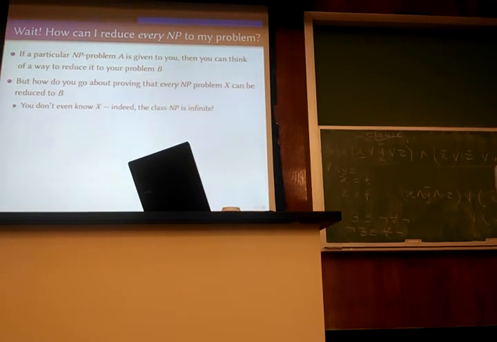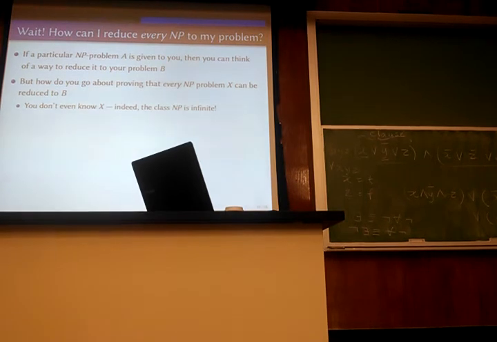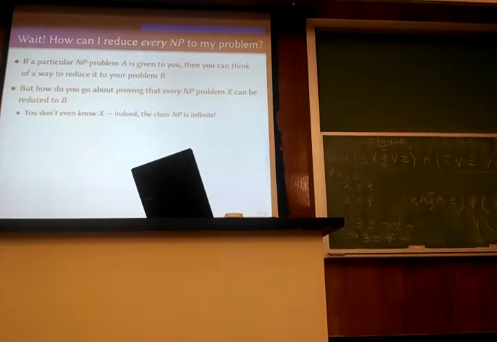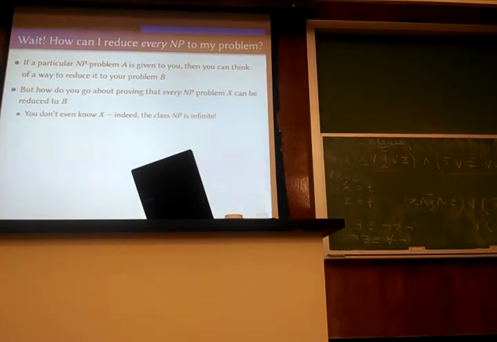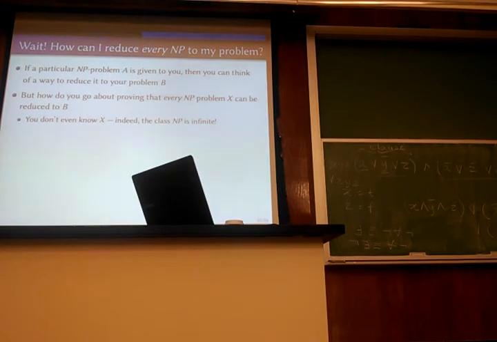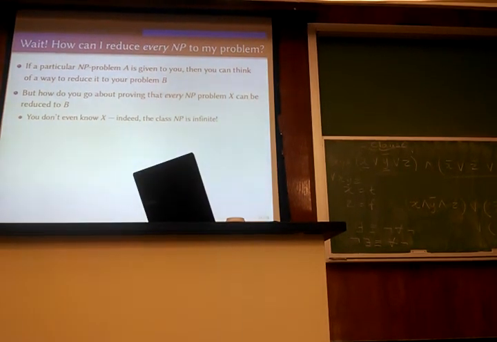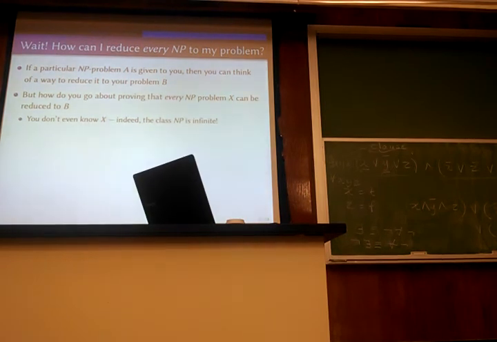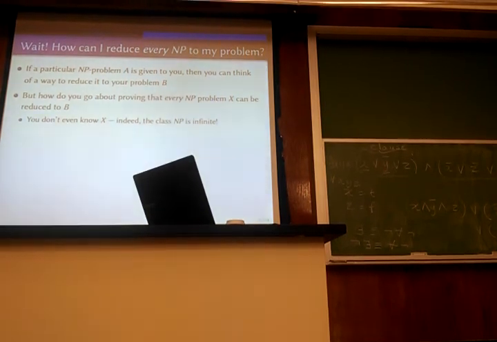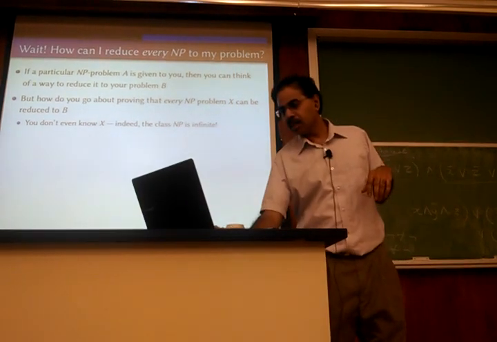Well, then you can think of a way to reduce that to B. If I give you satisfiability and ask you to reduce it to some other problem, you can think of it: given problem A, I can reduce it to problem B. But if you want a proof that works where A can be any NP problem, that seems hard, because we just don't know how to give a construction for an arbitrary problem to another problem.